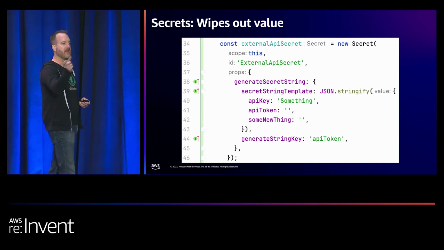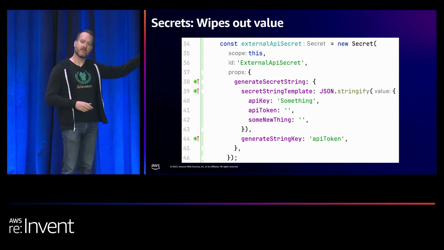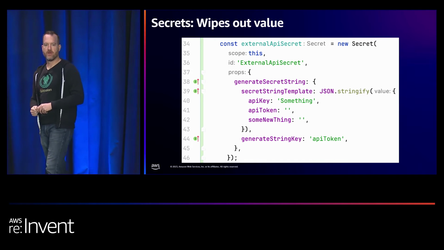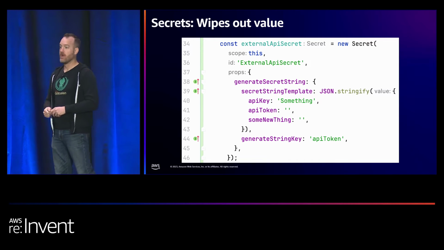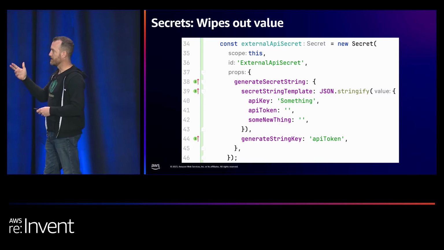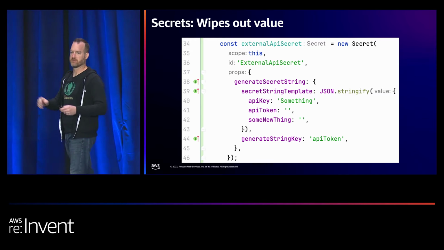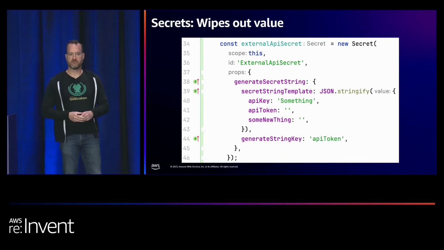So you think you can go in here and just add that thing in there. But as soon as you deploy this code, everything that was in that secret has been completely replaced. You may have updated things like the API key or the API token sometime later because you do those things manually, and now all those changes are gone, and you're back to a broken system.